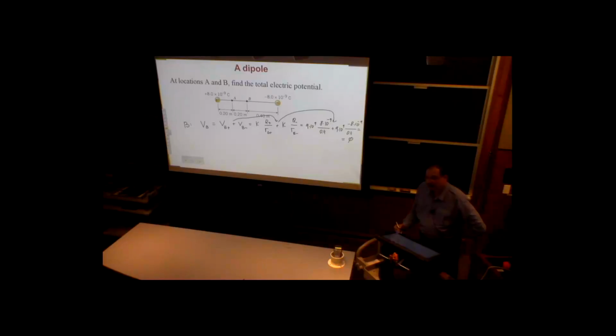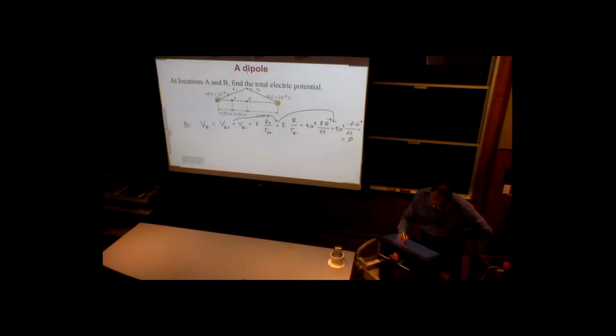That's not the only location with 0 potential. For example, if I choose a point C here, I'm going to get 0 again. Because, again, the distance R1 and R2 will be equal to each other, and potentials, again, cancel each other.